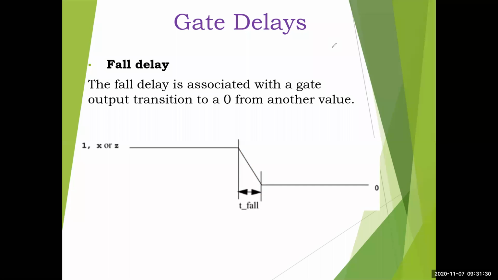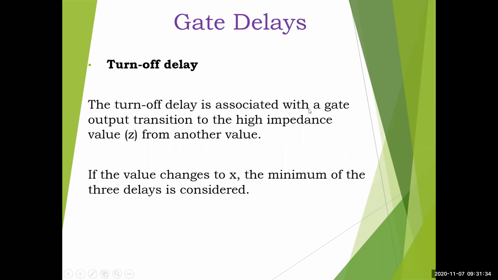Now turn off delay. How do we define turn off delay? The turn off delay is associated with a gate output transition to the high impedance value from another value. A diagram is not shown for this. If you have any value, 0, 1 or x, and you are going to the high impedance state, we could not show this with a picture, where exactly the z state will come.